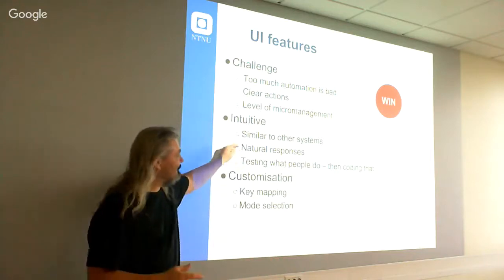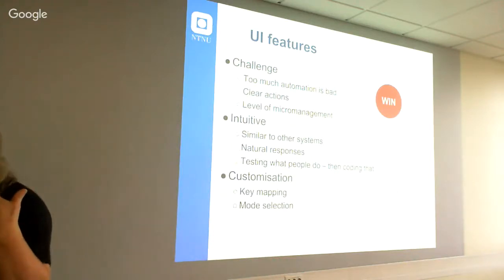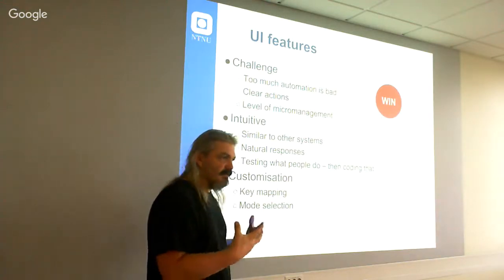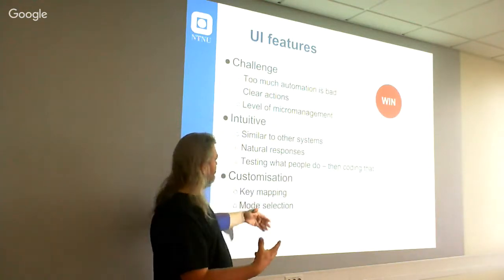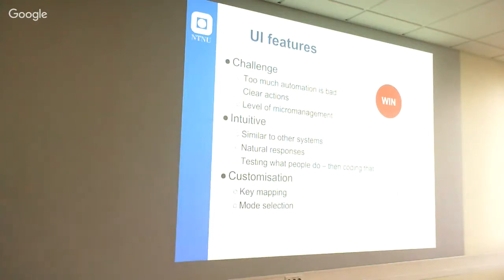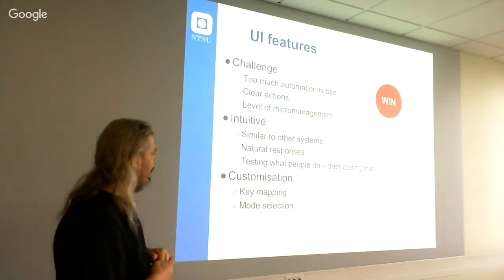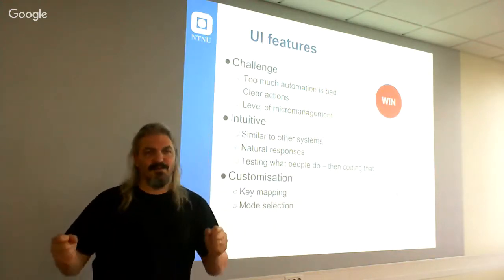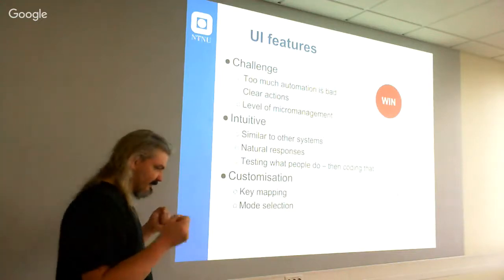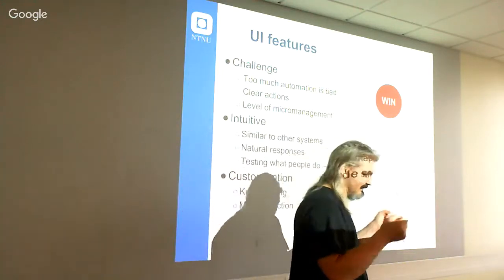But natural responses: if you can make your user interface feel natural, see what people naturally do, then you hopefully make it more hidden. As I said, the approach is testing what people do and then coding it. One of the ways that I've seen people develop for the Wii was to get kids to do actions.